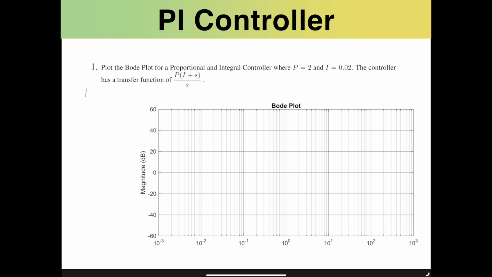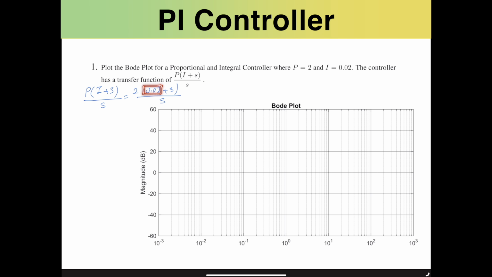So if we think about how this transfer function can be split into smaller pieces, I'm going to ask you to replace the numbers in order to make sure that everything stays the same: 0.02 plus S divided by S. So we eventually need to convert both poles and zeros into a form that we see 1 plus S over something. So that something becomes our critical frequency or cutoff frequency.